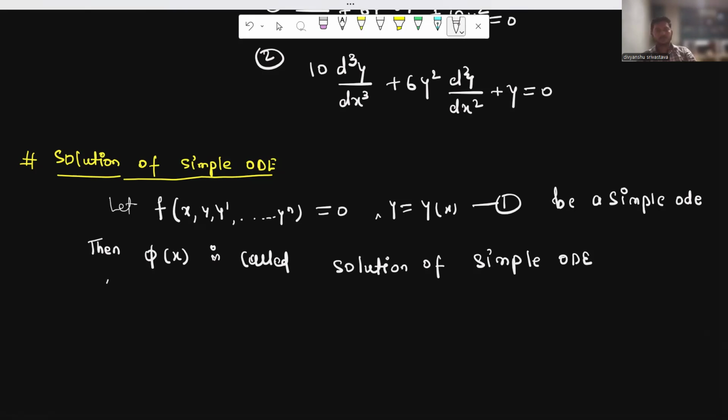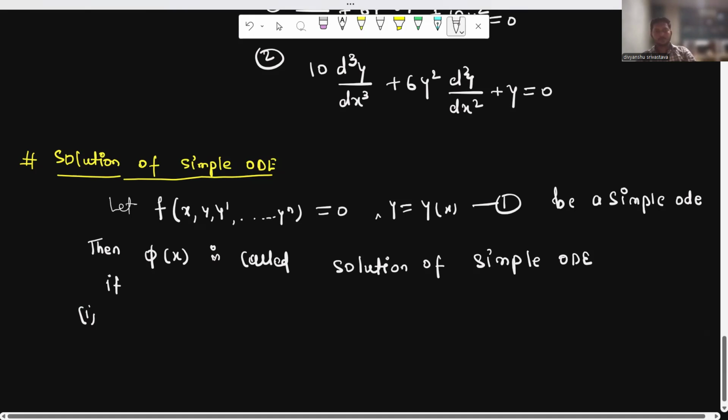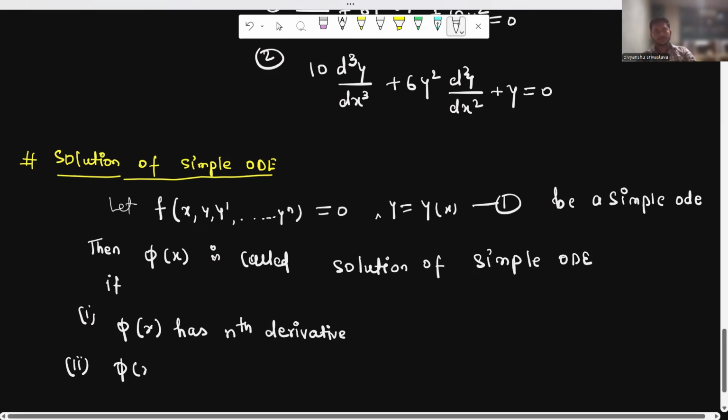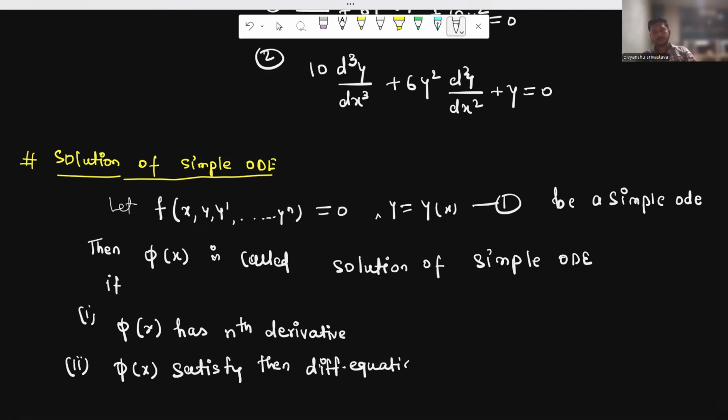if, first, phi(x) has an nth derivative, and second, phi(x) satisfies the differential equation, that is, f(x, phi, phi' up to phi^(n)) equal to 0.